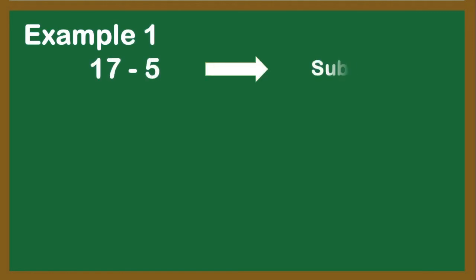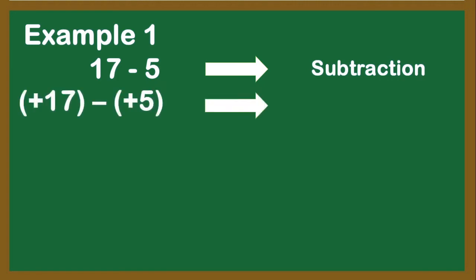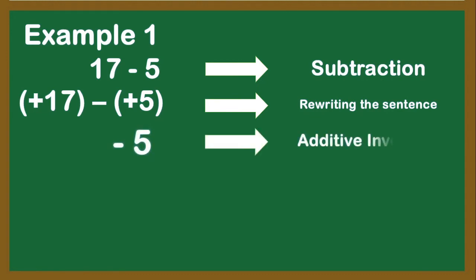17 minus 5 is the subtraction sentence, wherein 17 is the minuend and 5 is the subtrahend. Then rewrite the subtraction sentence as positive 17 minus positive 5. Taking the additive inverse of positive 5, we have negative 5.